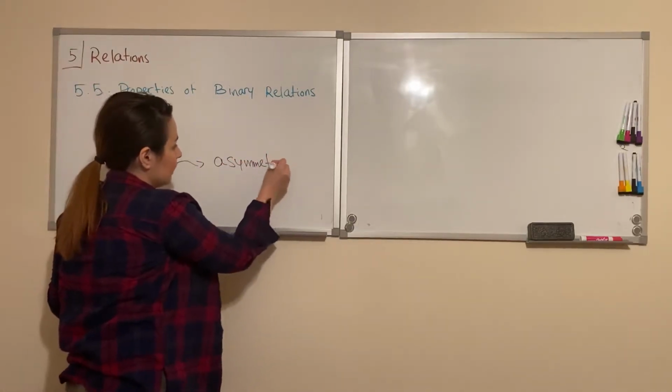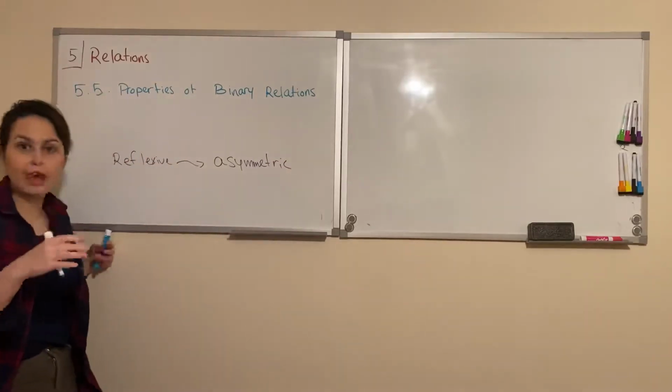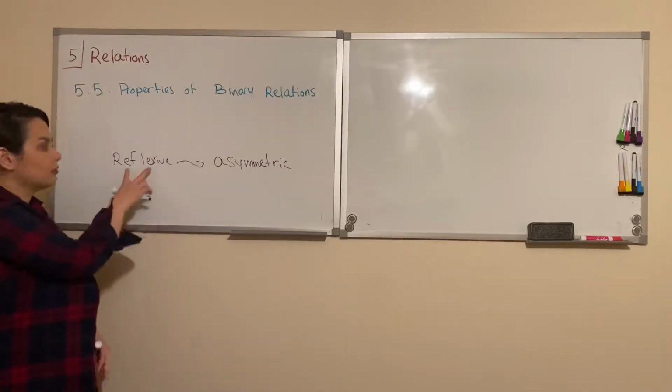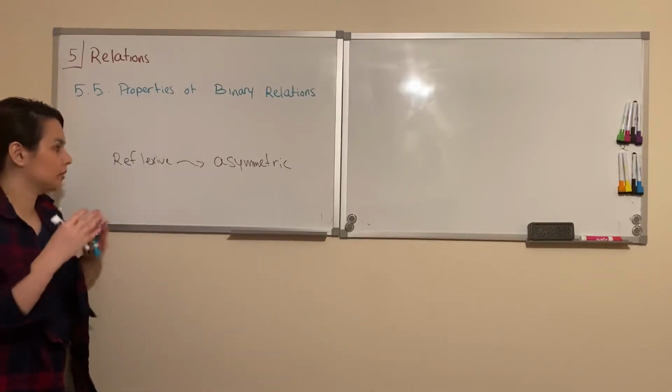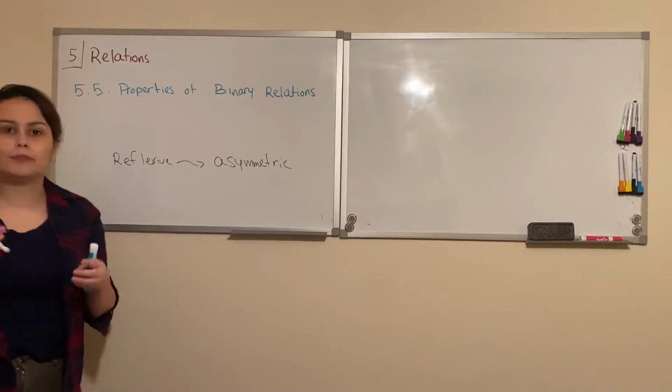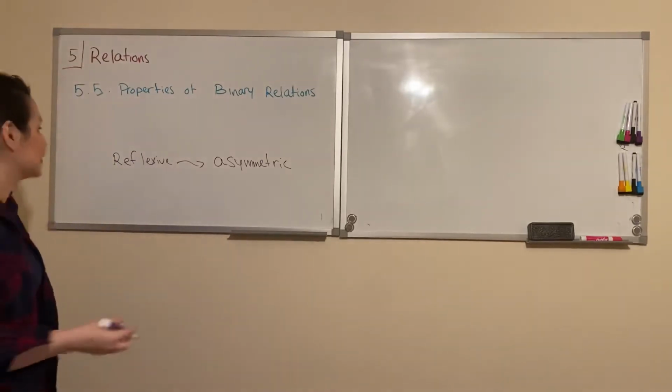Because we realized that asymmetric cannot have a pairing relation with itself, but reflexive must have any pair of one element in relation with itself.